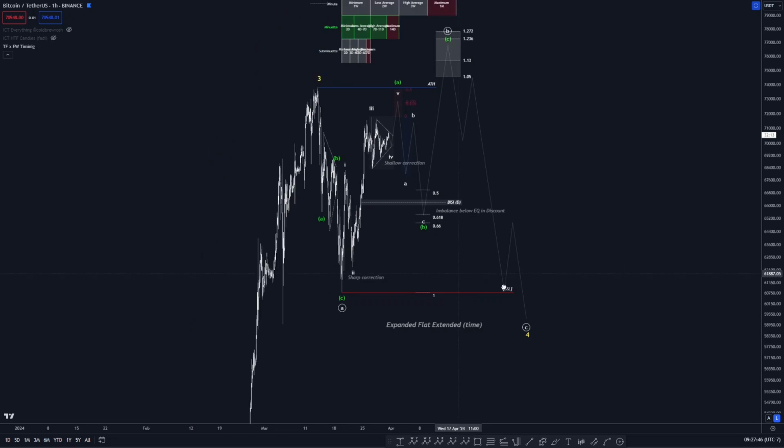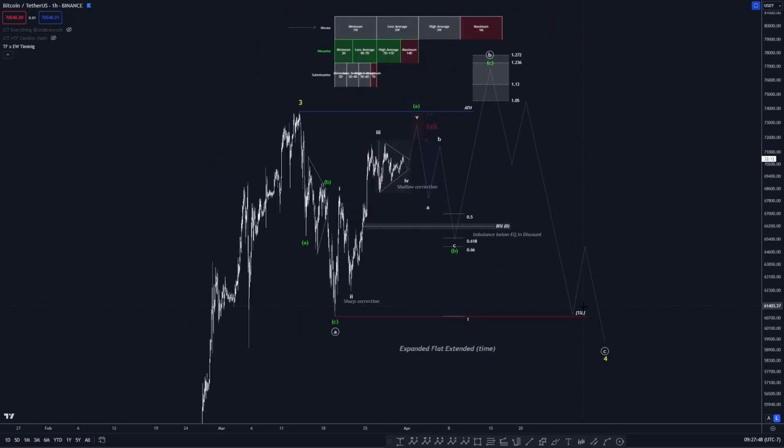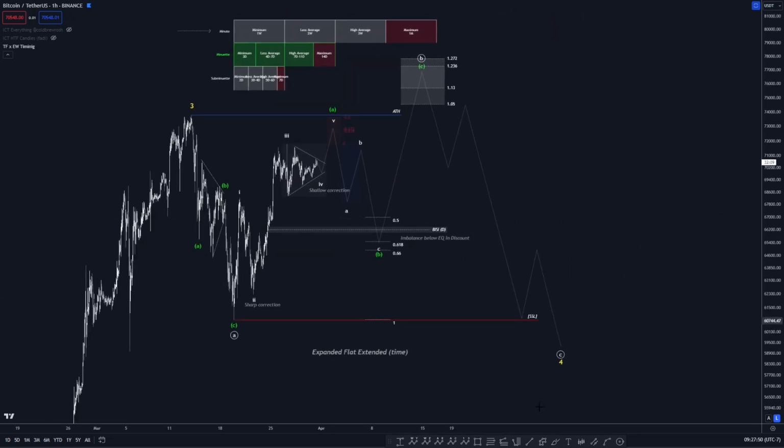So it could build a nice narrative on the 1-2, 1-2 scenario. When you see 1-2, 1-2s, these two corrections are usually the same as the prior correction. Meaning if this was a sharp zigzag, this one's going to be a sharp zigzag, and this one's going to be a sharp zigzag.